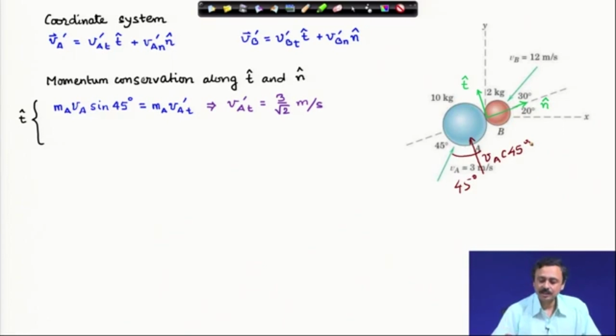This is the tangential component of the incoming velocity of A, and mass times that component is the incoming linear momentum in the tangential direction of particle A. That must be equal to the outgoing tangential linear momentum of particle A, m A V A t prime. From here this is trivially solved. We know the outgoing tangential component of particle A.